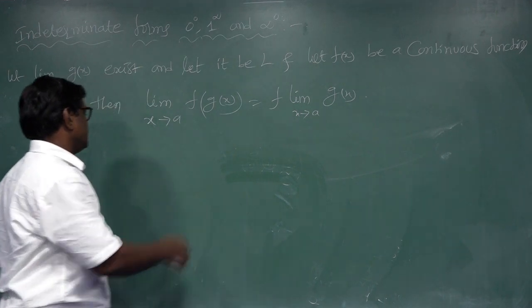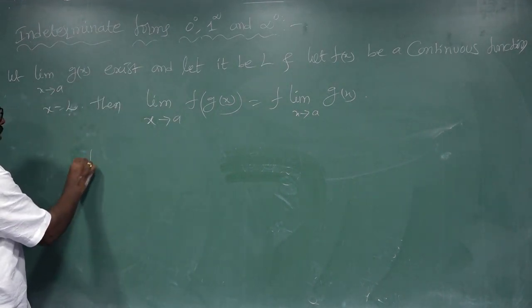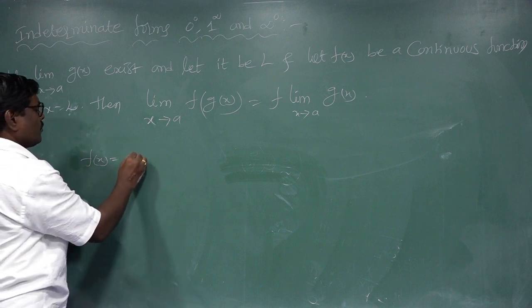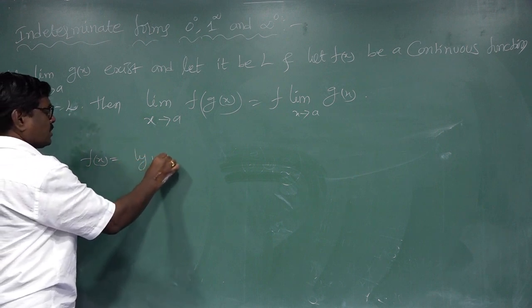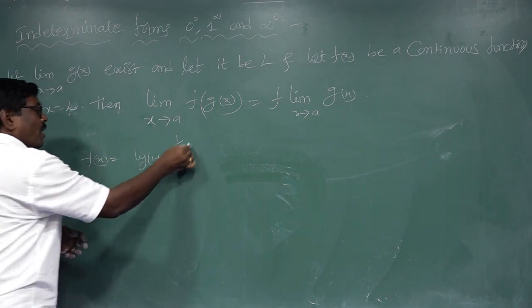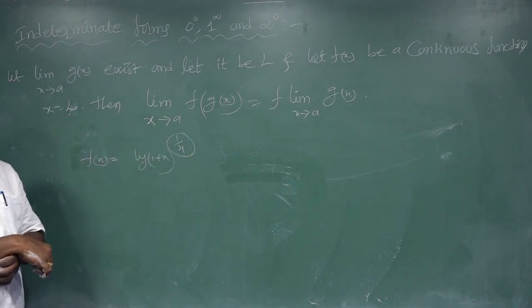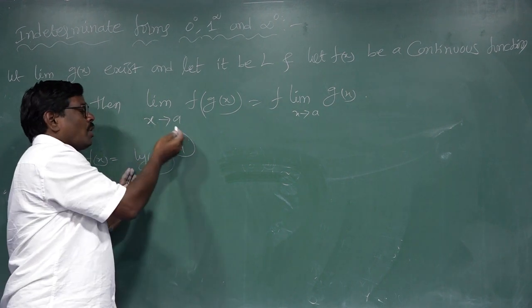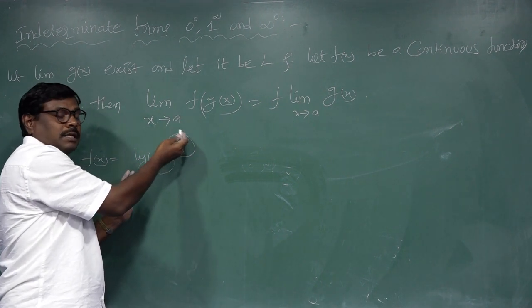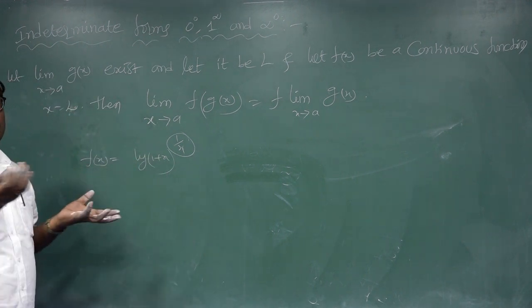Suppose f of x is equal to log of (1 plus x) whole power of 1 by x. This power can be any function, such as x, 1 by x, or log x. On both sides, apply log.